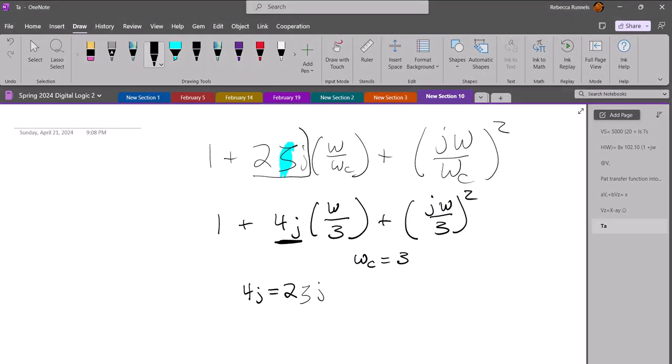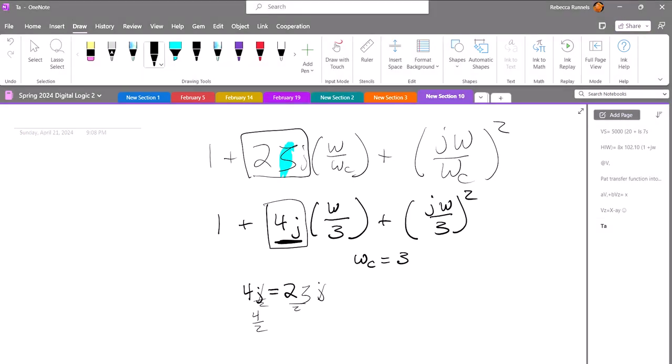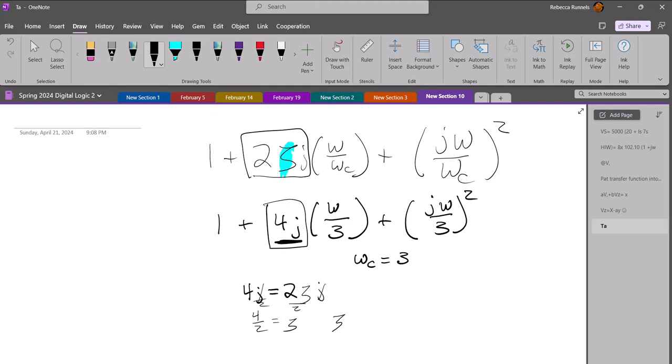So I just set this coefficient equal to that. Divide both sides by j, divide both sides by 2, and I get that zeta equals 2. Although our damping factors are supposed to be between 0 and 1, so I didn't pick a good example here, but it's still the same idea works.